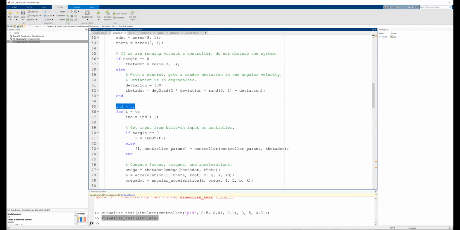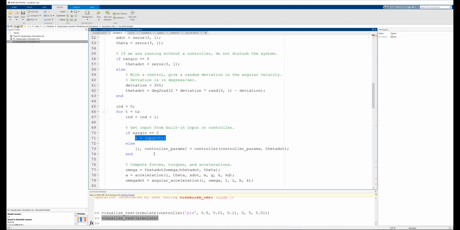Next part is that at every time step, the index is incremented. So when time is equal to 0, the index IND is 1; at time 0.005, which is step 1, the index is going to be 2, and so on and so forth. Now, what that means is at every time step, if there are no arguments, then it's going to take some 0 input and go forward.